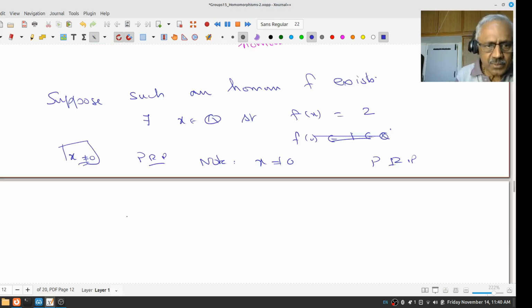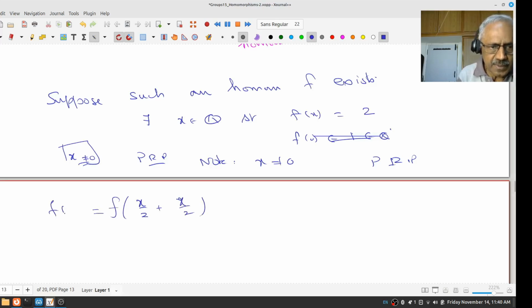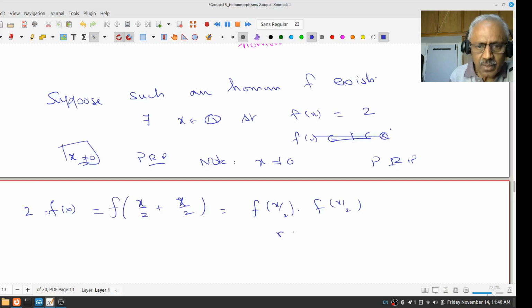Now let's look at x by 2. Then f of x by 2 plus x by 2, that is f of x, is equal to 2. But what is f of x by 2 plus x by 2? Since f is a group homomorphism and the codomain is multiplicative, this is f of x by 2 times f of x by 2. Call this r, where r is in Q star.